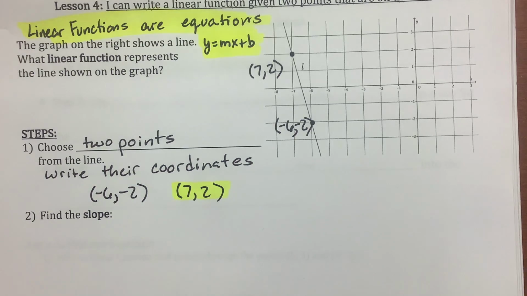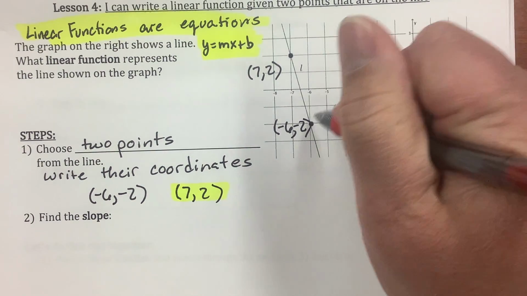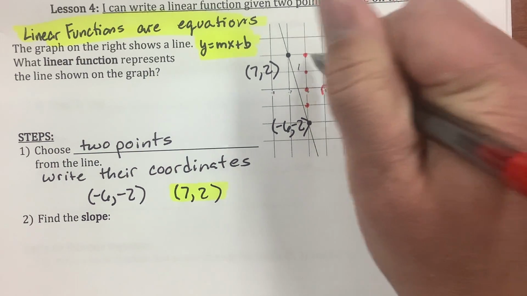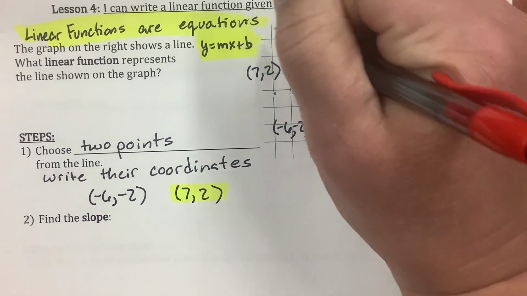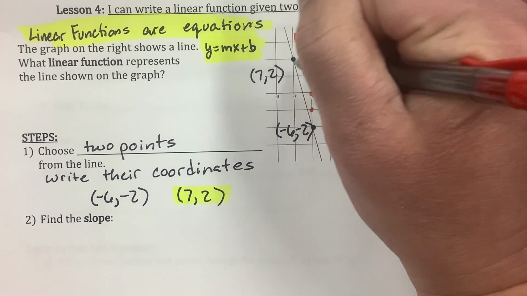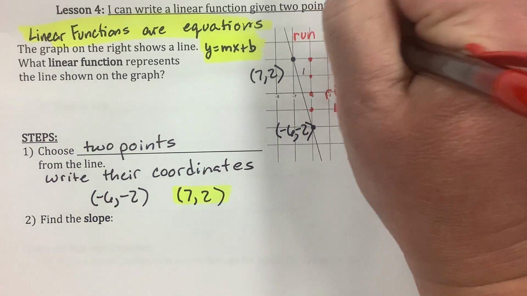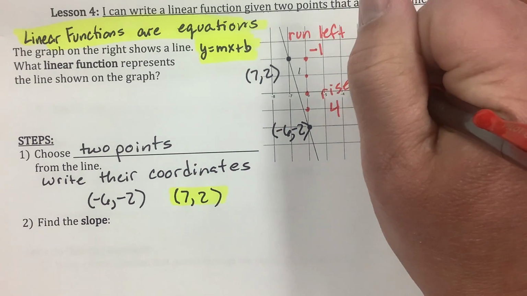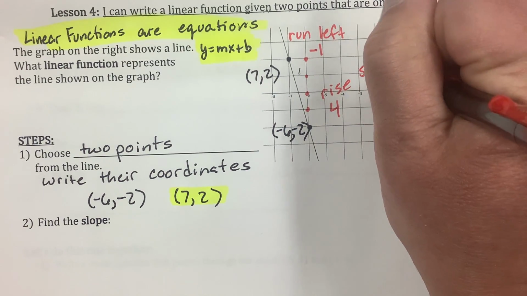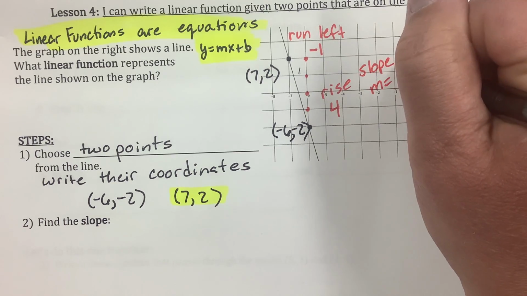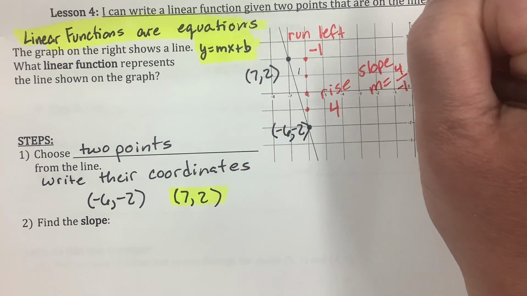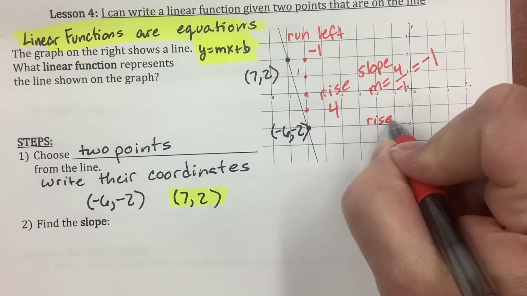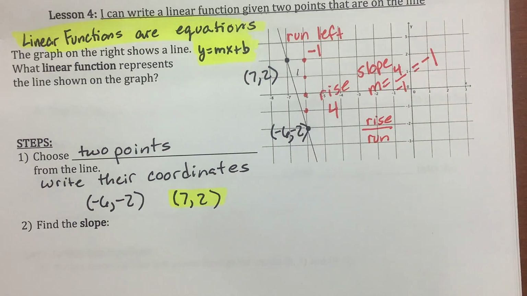Okay, find the slope. I know how to do that. Rise: 1, 2, 3, 4. Rise 4. Run: I'm going left for my run, so run left means it's going to be -1. So my slope, m, is rise over run, 4 over -1, which is -4.